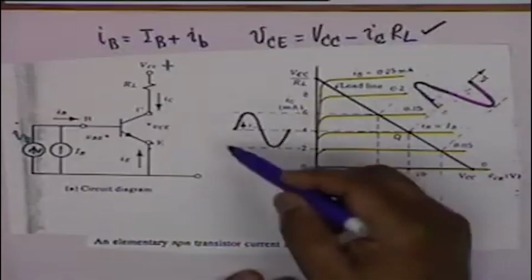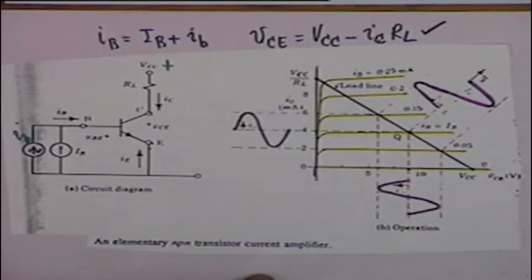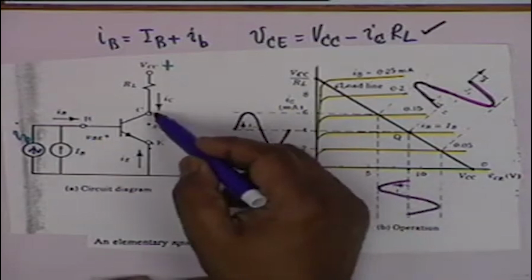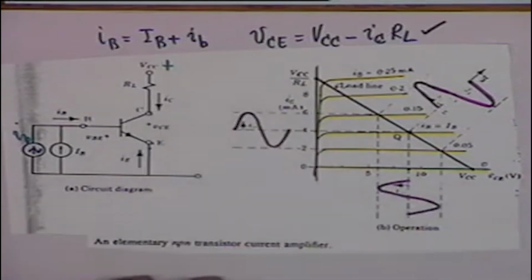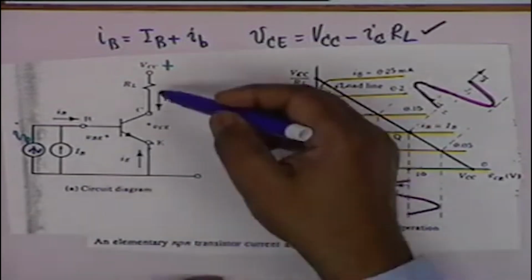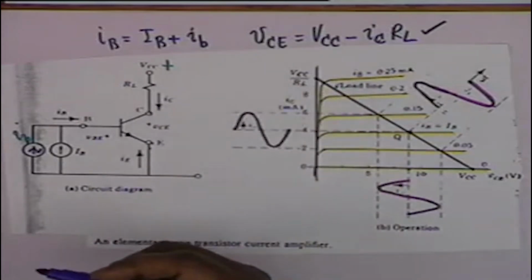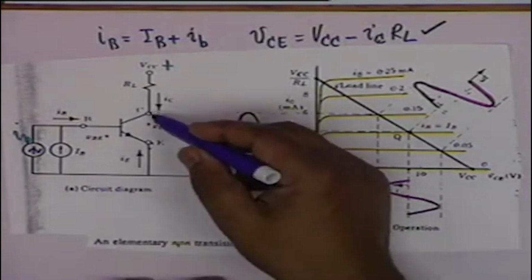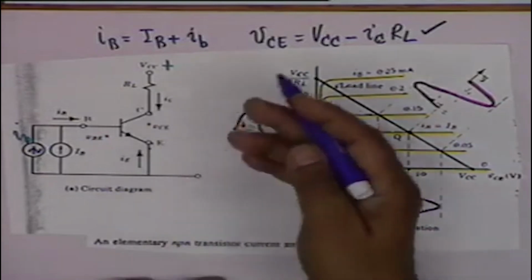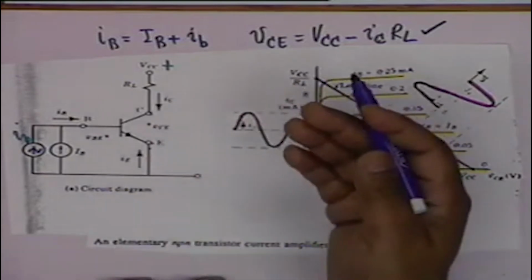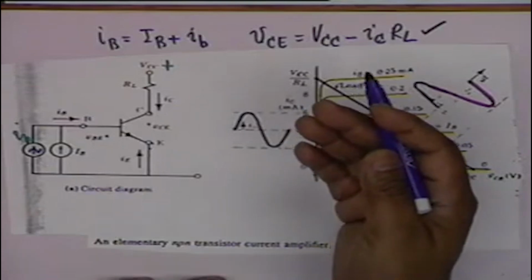In addition, if you look at the phases, when the base current increases, the collector current also increases. So they are in phase. On the other hand, if you look at this voltage from collector to emitter, VCE, when the collector current increases, VCE decreases, and therefore the VCE variation shall be out of phase with the input current variation.